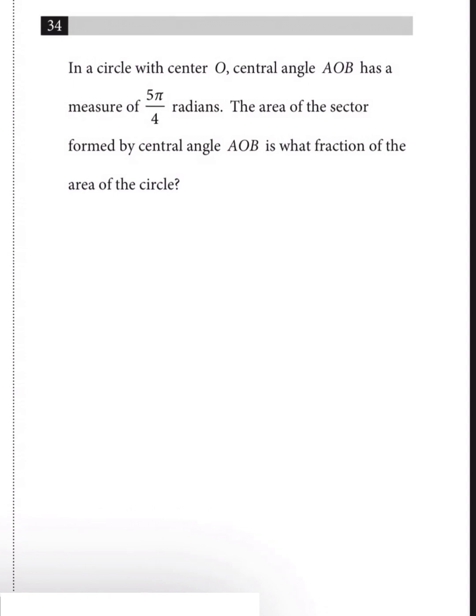First you can start off drawing a diagram if that helps you, but for the sake of this video I'm not, because doing the diagram is just going to waste your time. It's asking you the area of the sector formed by the central angle AOB, and what fraction of it is the area of the circle.